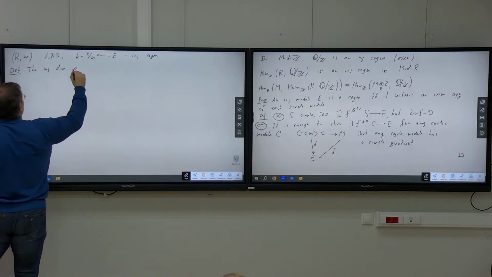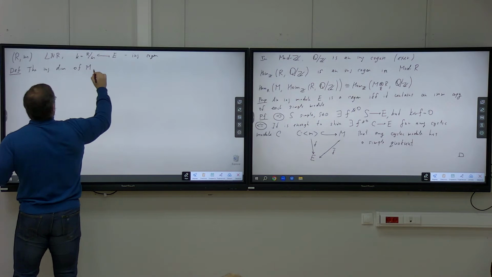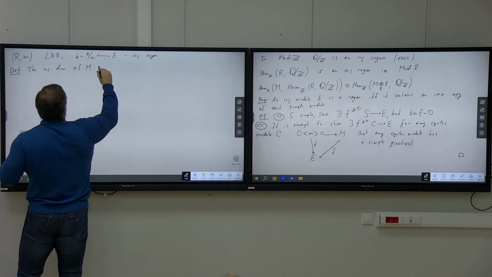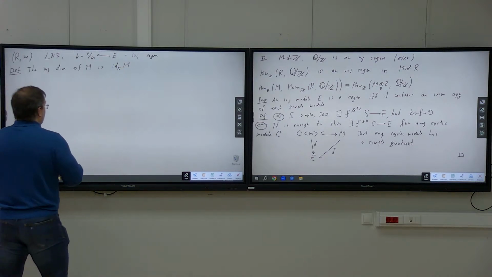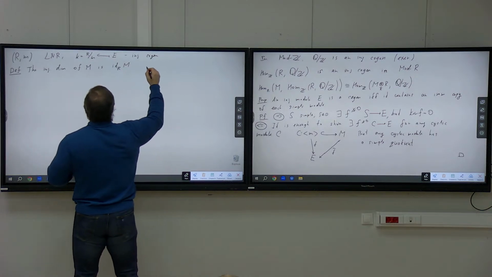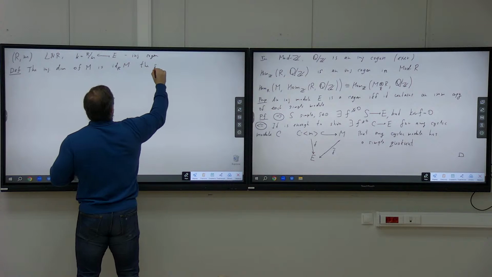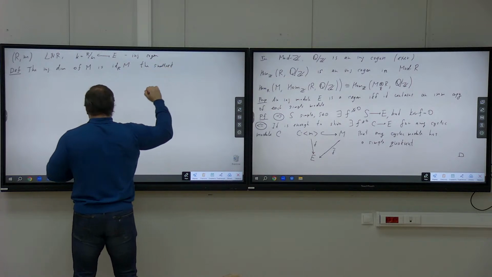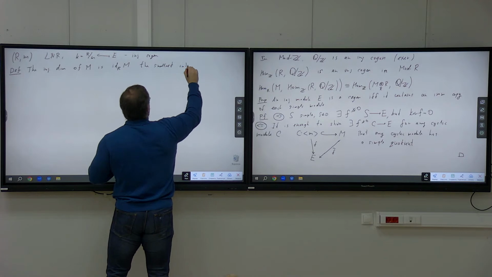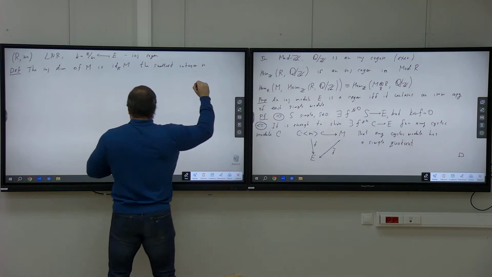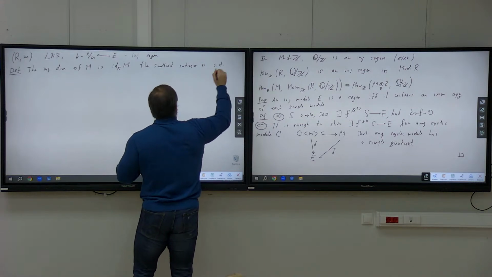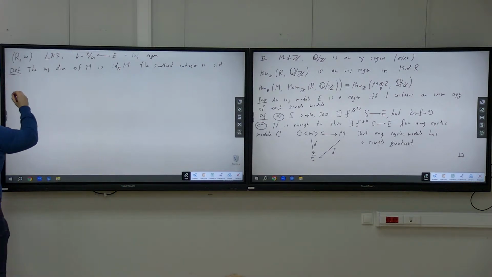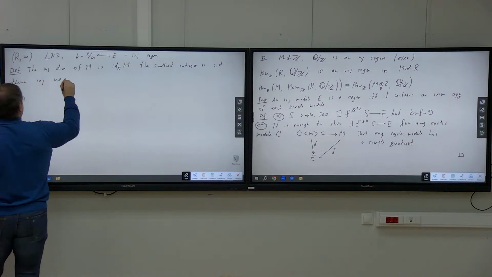Injective dimension of some module M is the number which I'm going to write like this for shortness, ID of M over R. So this is the smallest integer n such that there is an injective resolution.